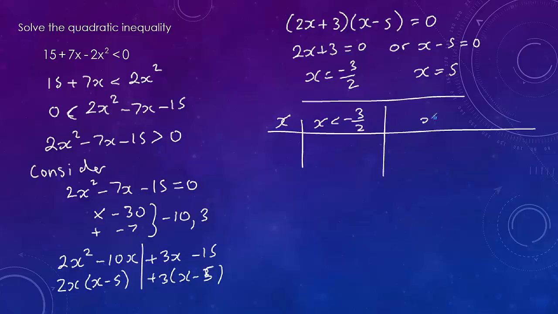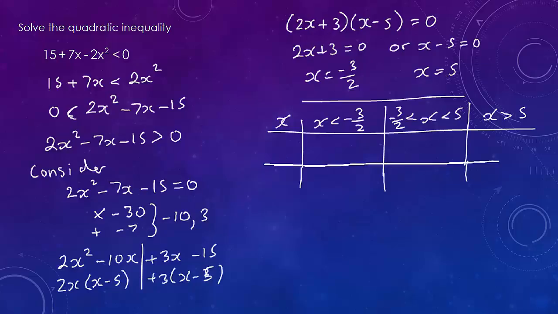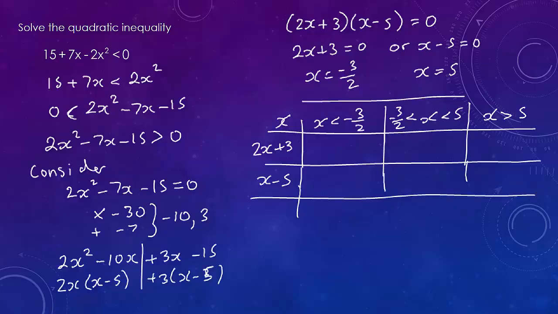We can look at x between negative 3 over 2 and 5. And we can look at x that's more than 5. And we'll consider the factors 2x plus 3 and x minus 5. And then we'll see what happens overall.